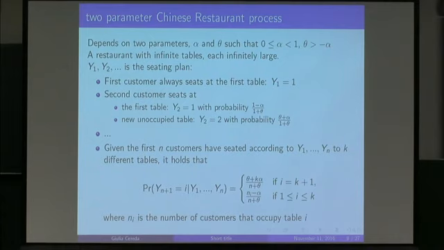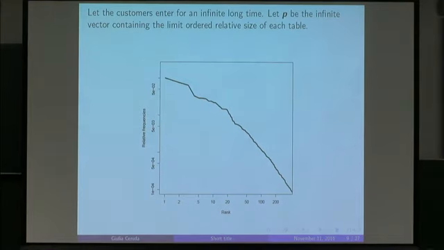Okay, so imagine that you can observe the customers entering this restaurant for an infinitely long time. At the end of this infinitely long time, you can look at the relative number of people who sit at each table, and you can decide to order these relative numbers into a vector p.